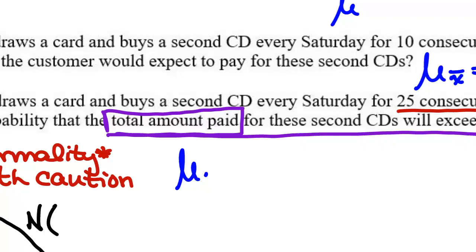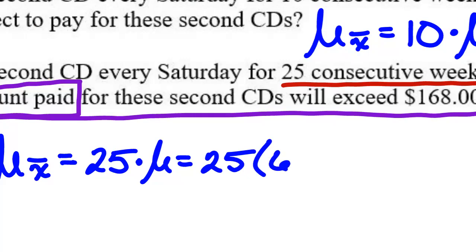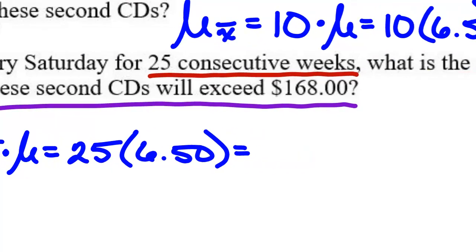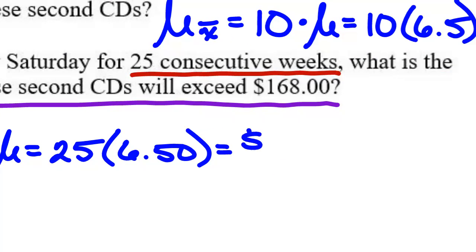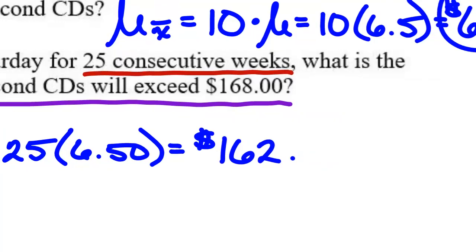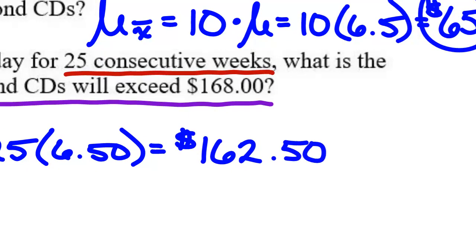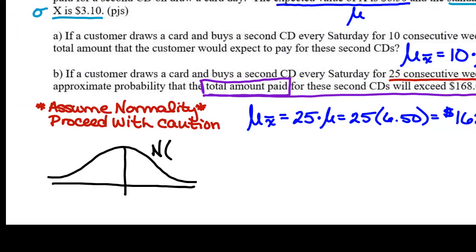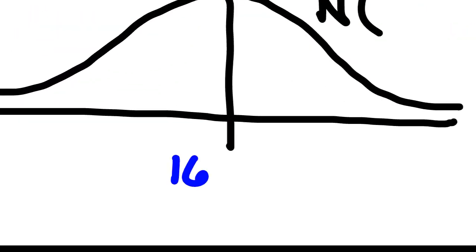So the mean for our sampling distribution is the number of weeks, 25, times our mean of 6.50, which comes out to be what? 162.50. That's what goes straight down the center here.